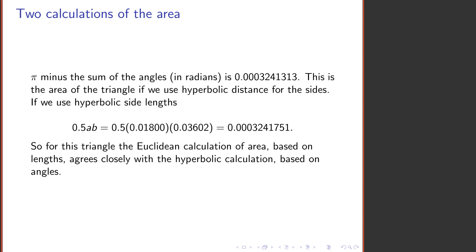So the Euclidean calculation of area agrees very closely with the hyperbolic calculation. The reason it only agrees closely is that these two triangles actually do have slightly different areas. One is on the surface of a hyperboloid, while the other is in a true Euclidean plane.